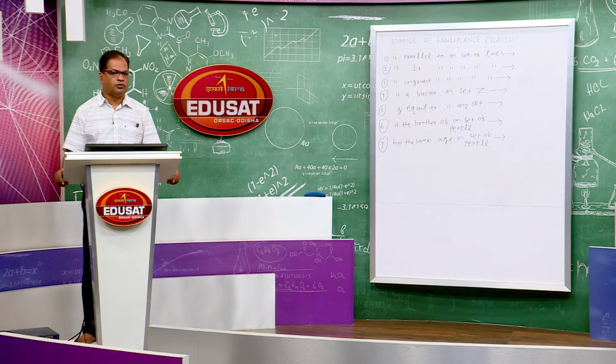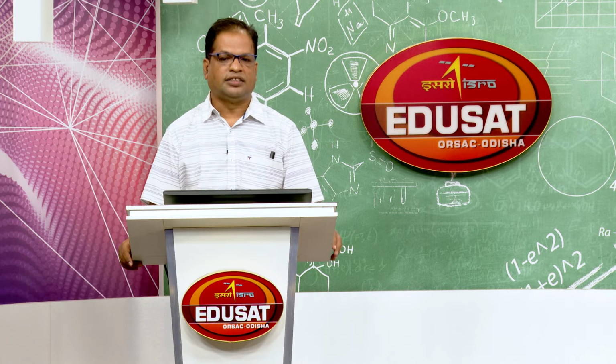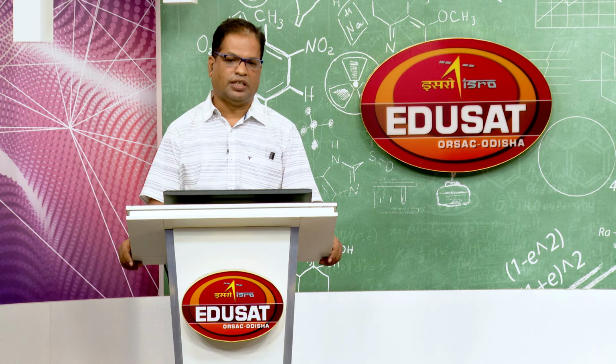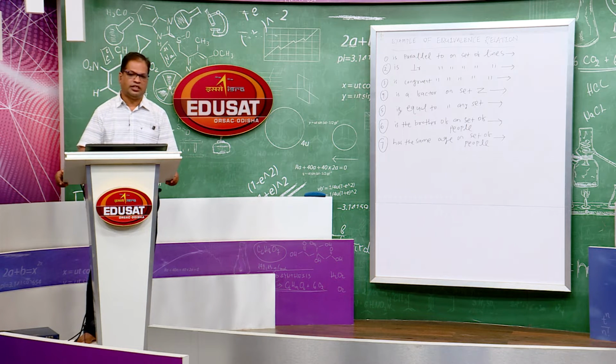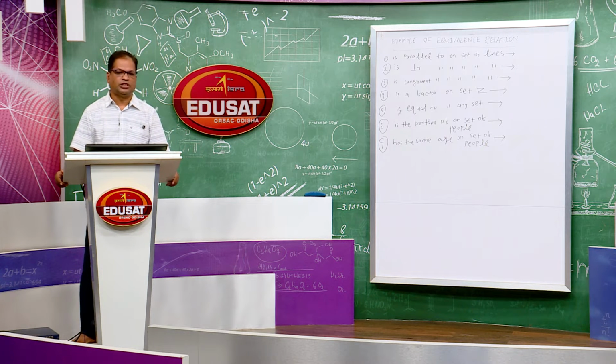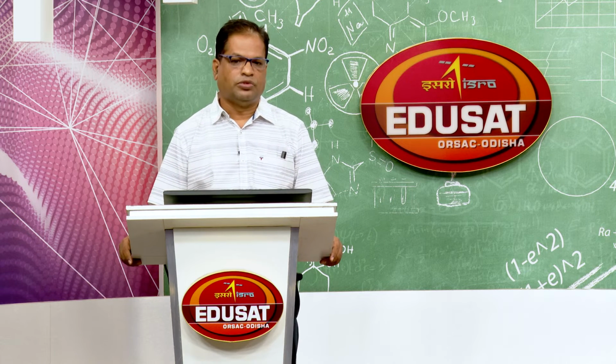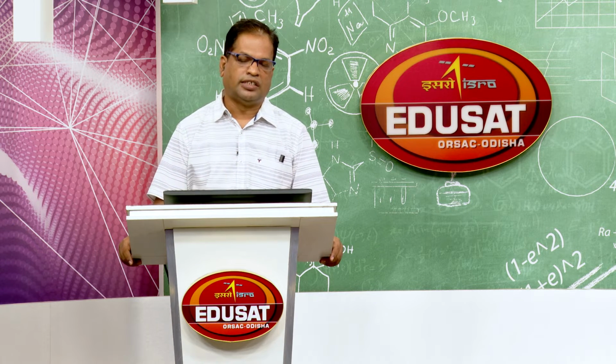The smallest equivalence relation on the set A = {1, 2, 3} is {(1,1), (2,2), (3,3)}, because at least there will be (1,1), (2,2), (3,3) for reflexive. So, it is automatically symmetric and transitive. The largest equivalence relation on any set A is A cross A, that is the universal relation. Then these are some examples of equivalence relation.